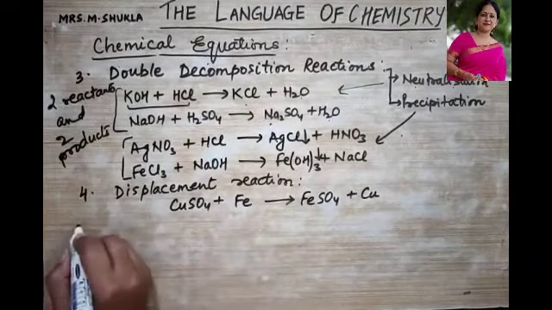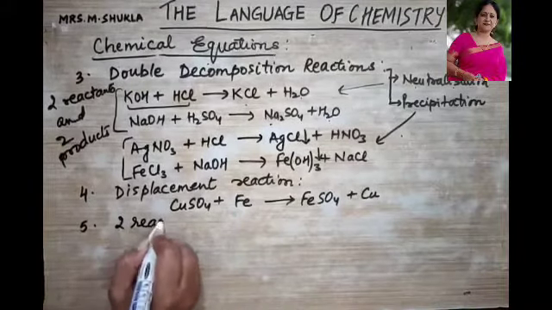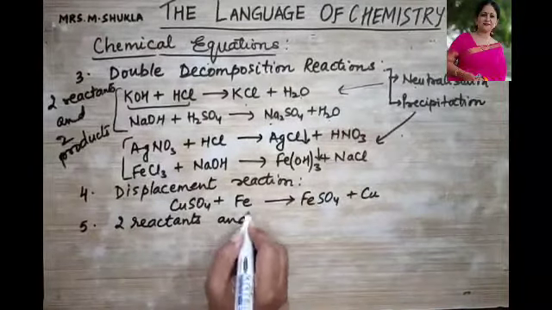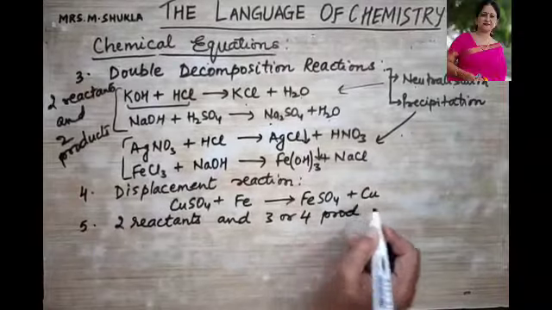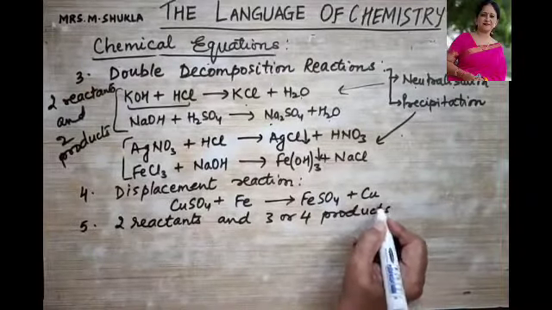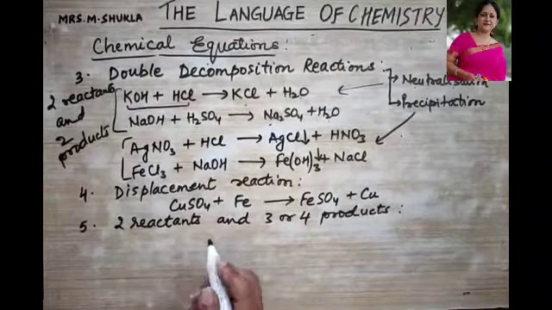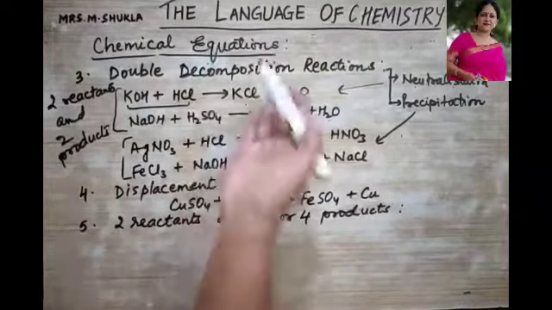Clear? Another kind of reaction is where two reactants give 3 or 4 products. They do not have a specific name as I had given you above, but yes, these are also kinds of reactions.